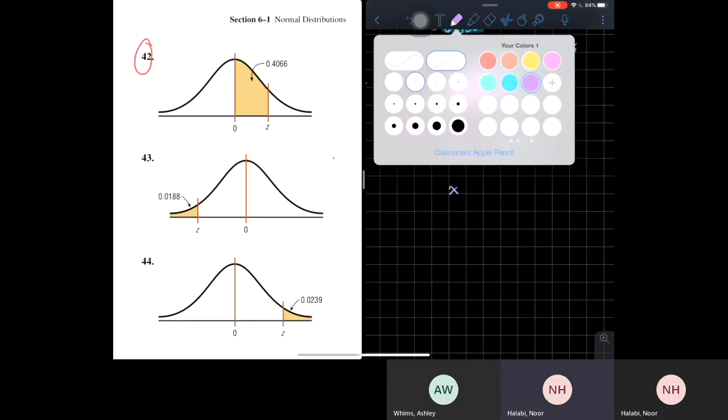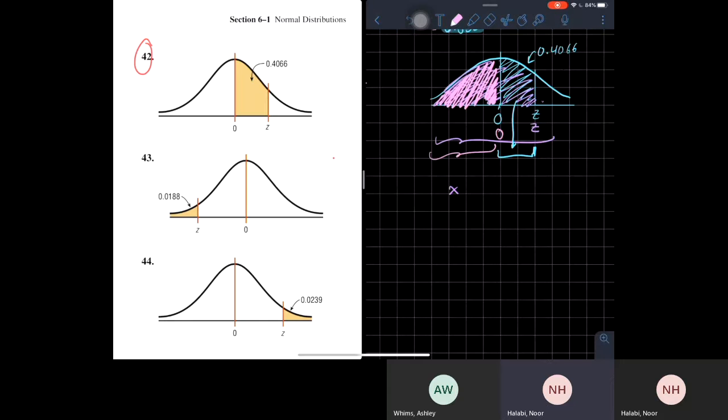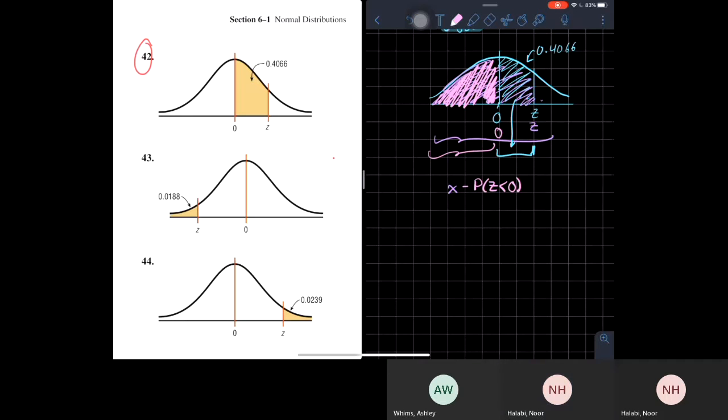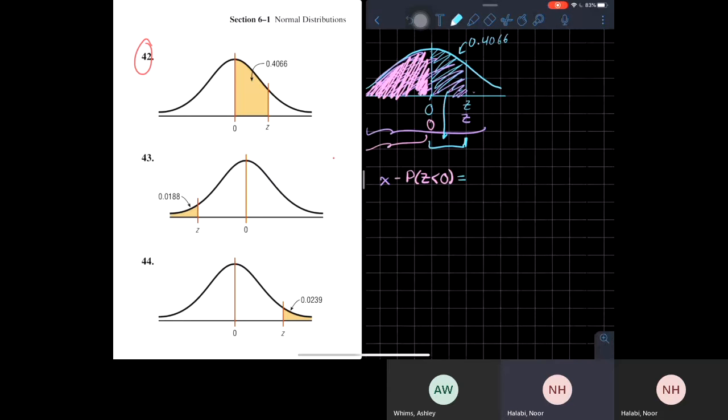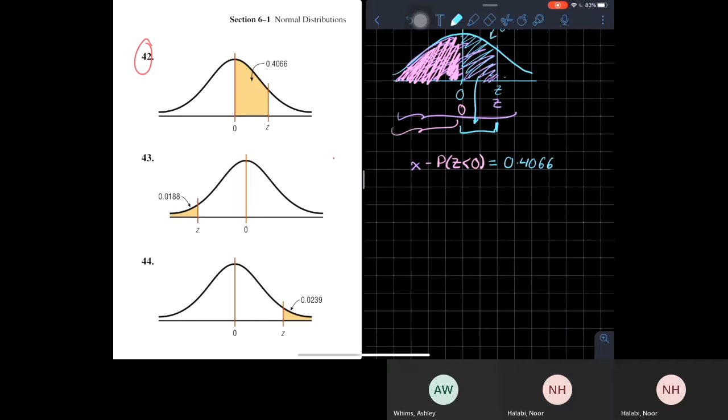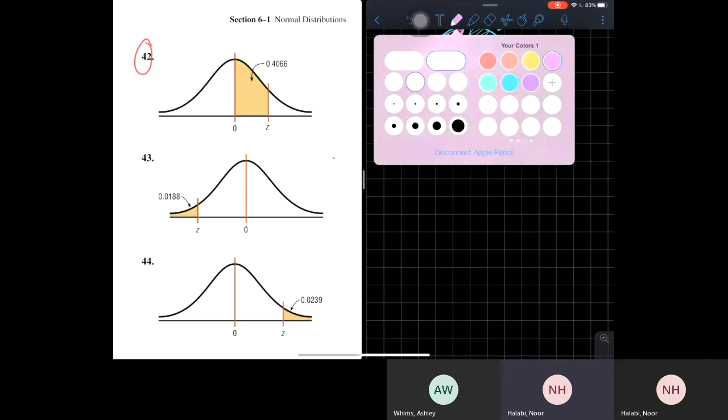But I know that if I have x and I take away the probability that my z is less than 0, I'm gonna end up with the area in between, which is 0.4066. So I can solve for x by just isolating it.